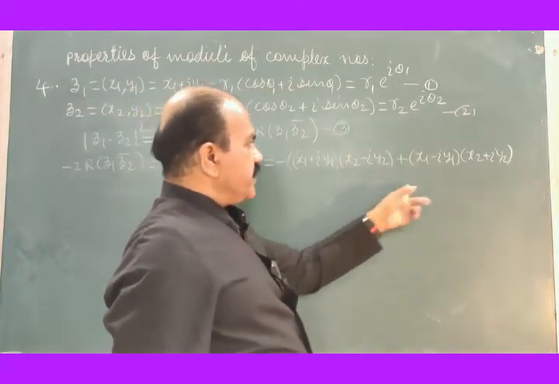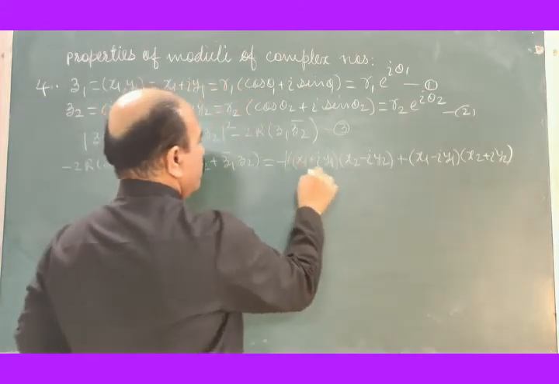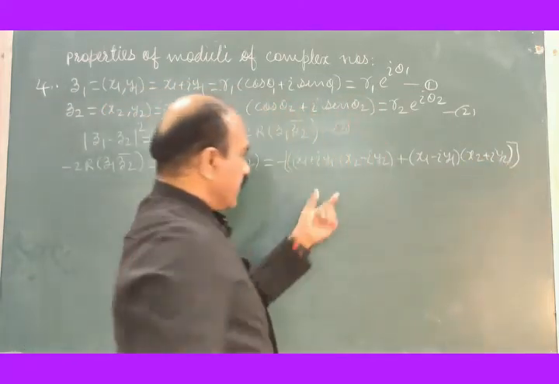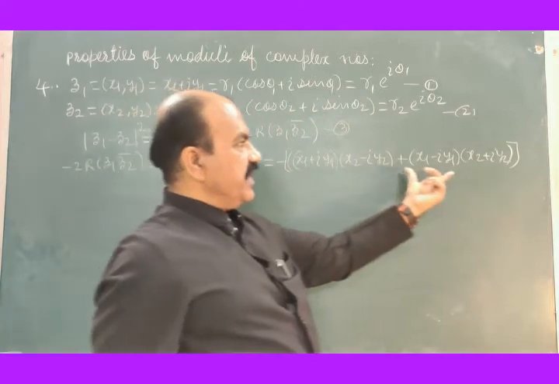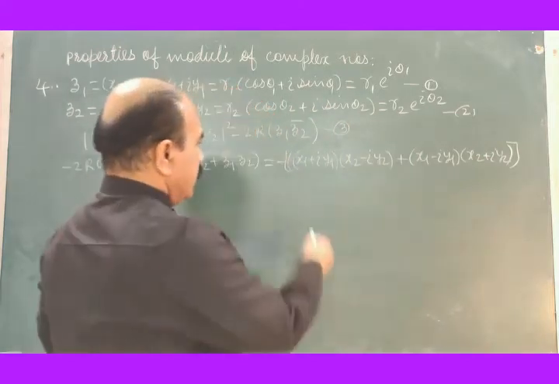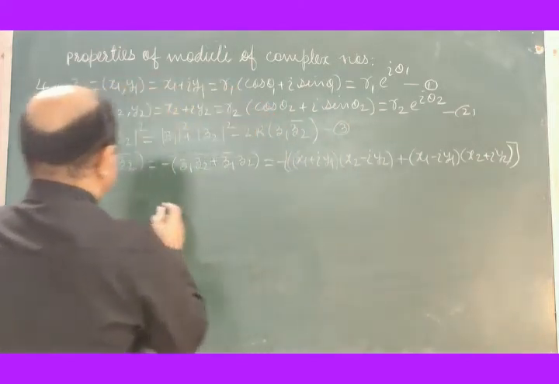Let us first find this, then we shall go for this one. Let us first find the value of this, after that we shall go for the value of this. What will be this one?